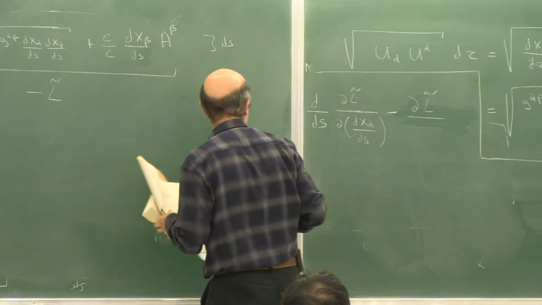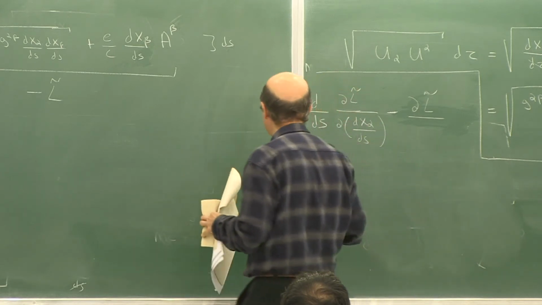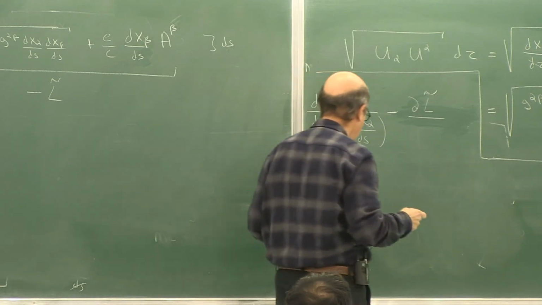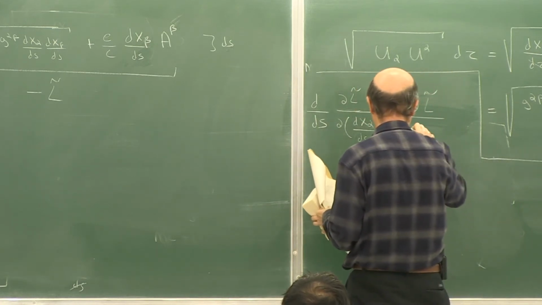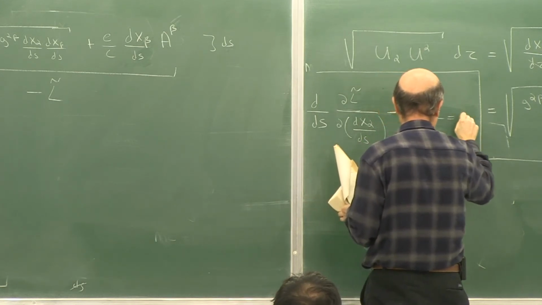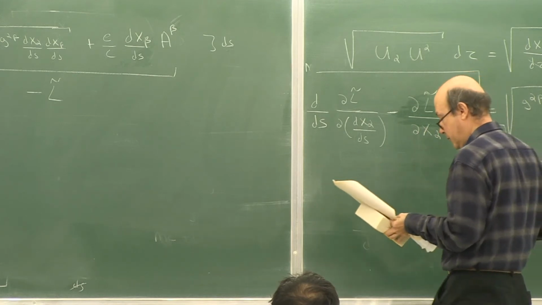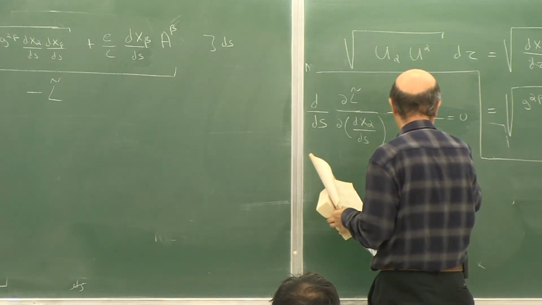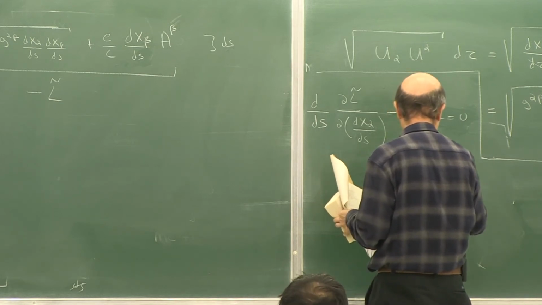These four-potentials depend on the four coordinates. So you can write this as del over del x alpha is equal to 0, or you can express this as del alpha of L tilde.